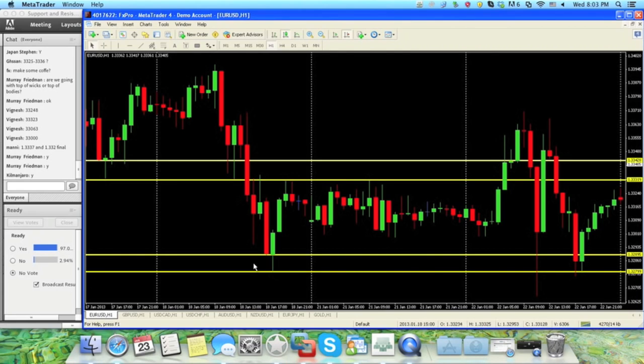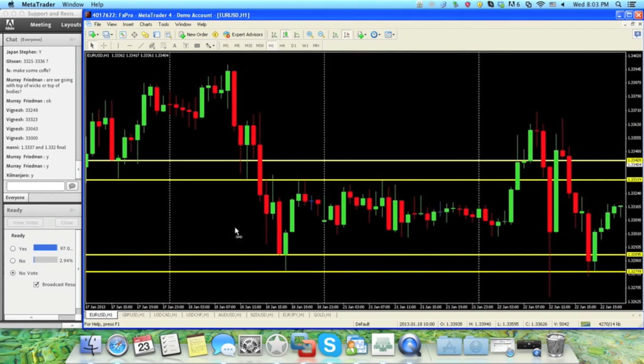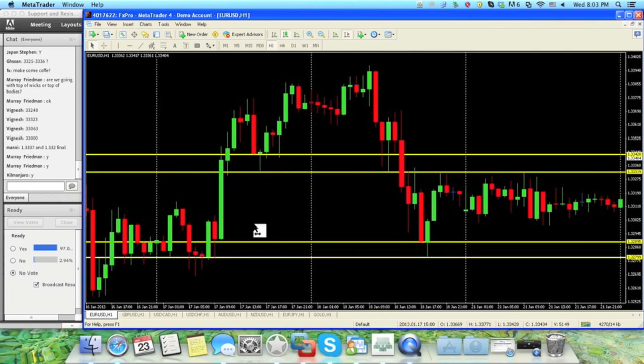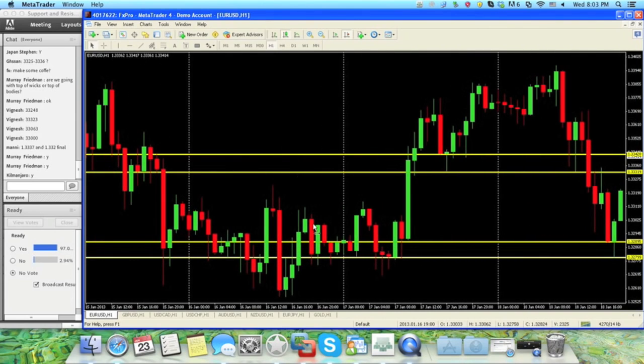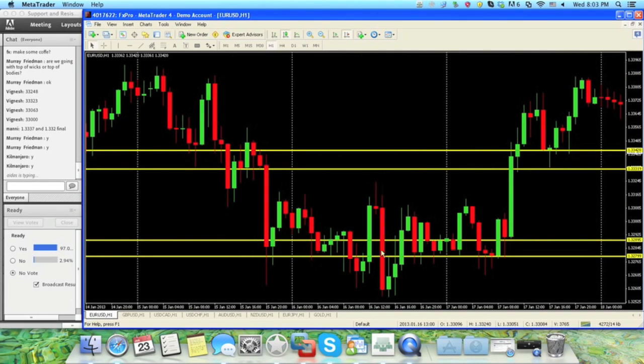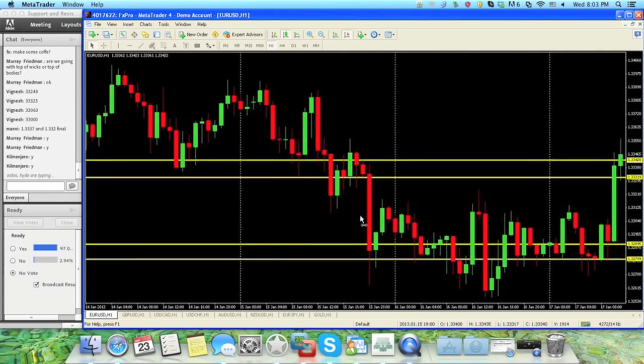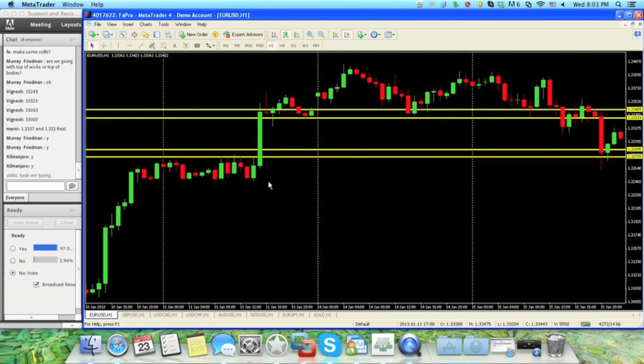Now we're going to go back with this bottom line. We're going to go back in time a little bit. Does it hold? Yes. Okay, holds as support again and again and again. Big candle breaks. Strong area. We have resistance also. Right? And big candle break.